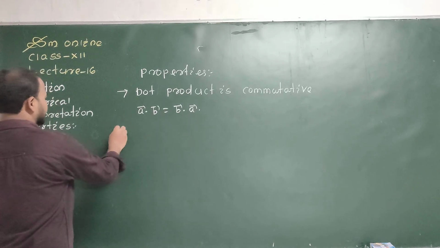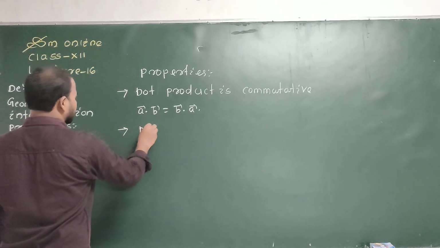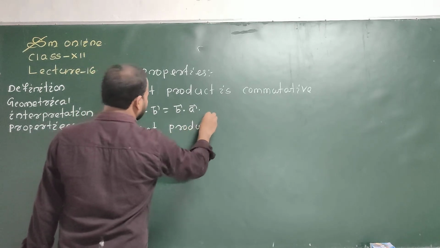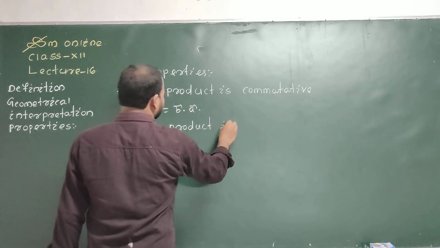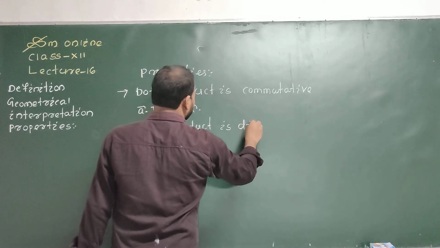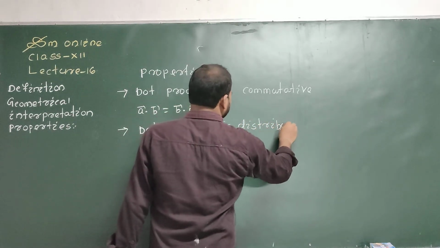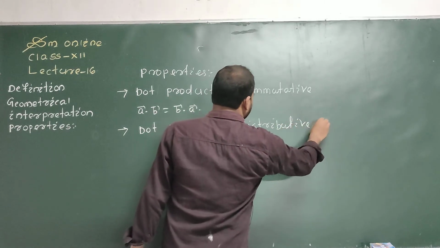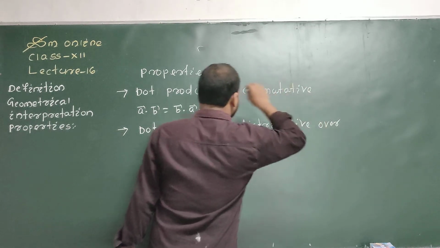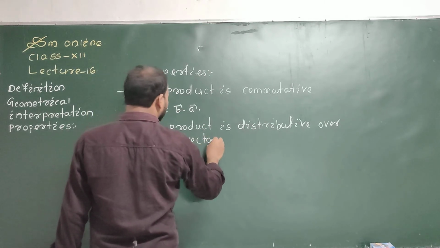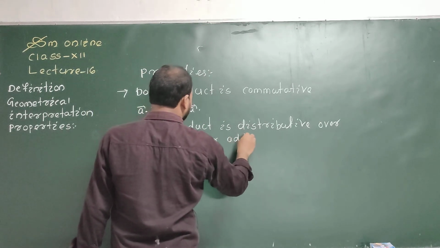Second property: the dot product is distributive over vector addition.